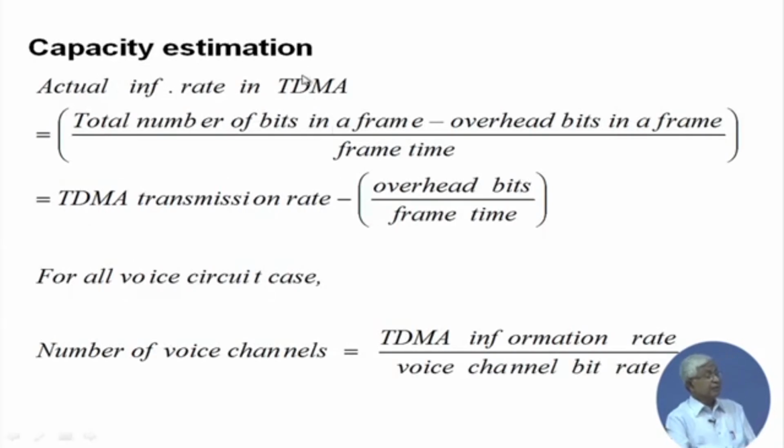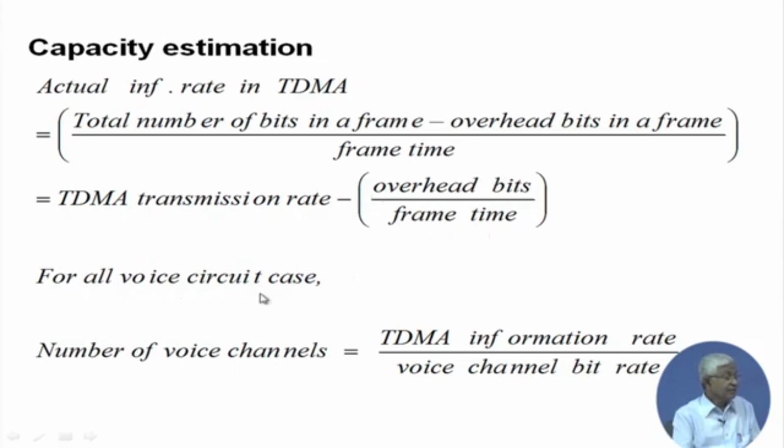Now, when we do the capacity estimate, let us do it in terms of voice circuits. So, actual information rate in a frame is total number of bits in a frame minus overhead bits in a frame divided by frame time. So, information rate in a TDMA is the TDMA transmission rate minus overhead bits by frame time.